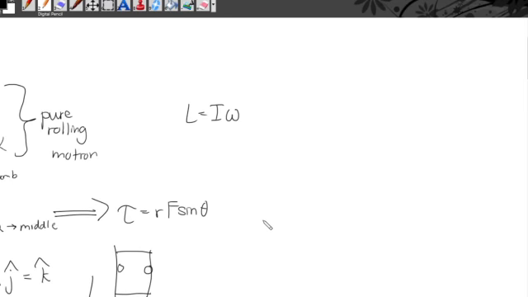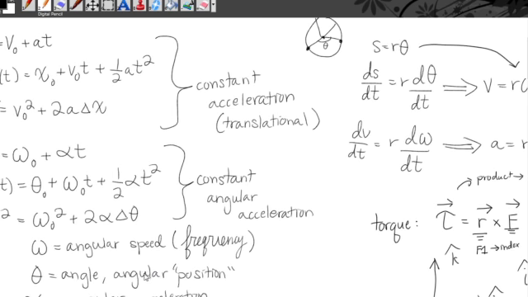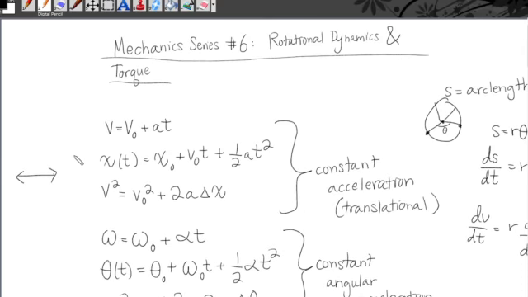In the same way that work is force times displacement, it's also equal to torque times the angular displacement for rotational motion. So with that being said, I hope this video helped, and thank you for watching.